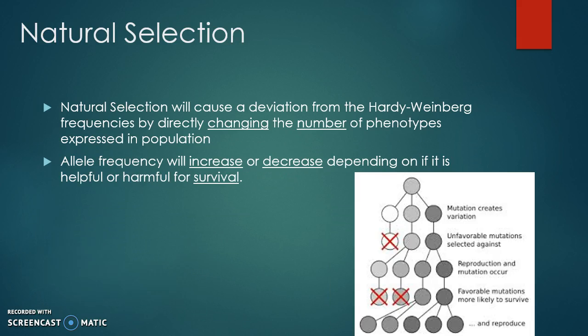Our last one we should be very familiar with at this point is natural selection. Just to cover this really quickly, natural selection will cause a change in Hardy-Weinberg frequencies, the allele percentages, by changing the number of phenotypes expressed in populations by eliminating unfavorable traits.